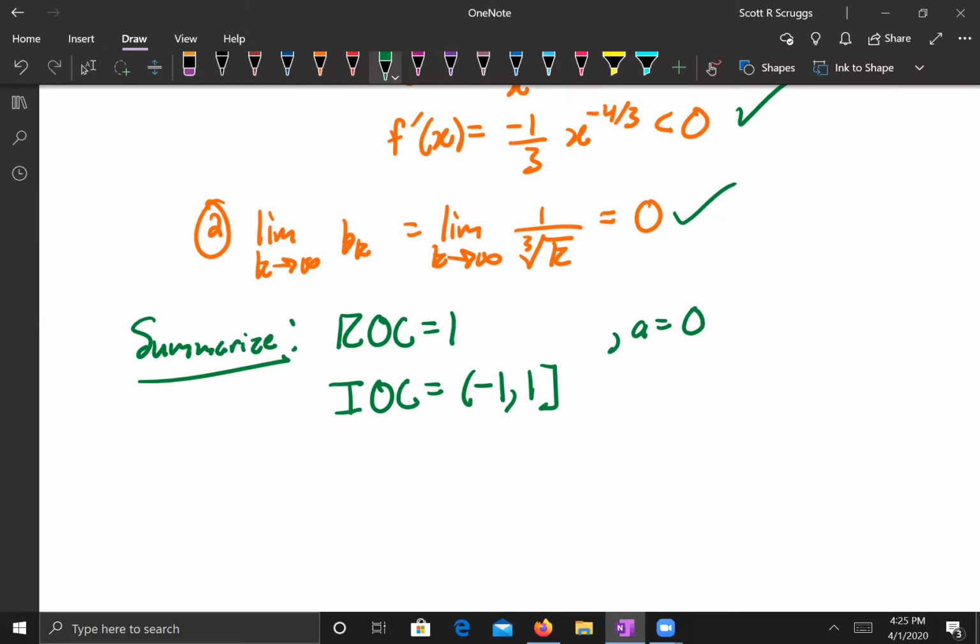So those are the 3 things we were looking for. What was the center of my power series? What was the radius of convergence? What was the interval of convergence? And that's going to be mainly what we write as our answer for that.